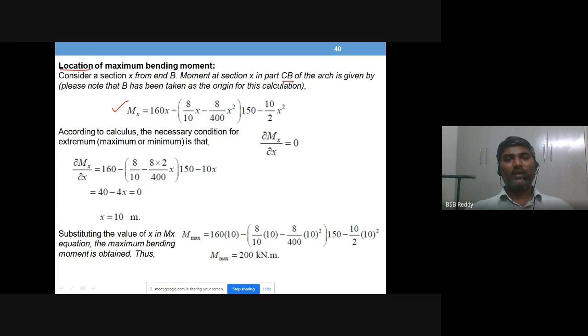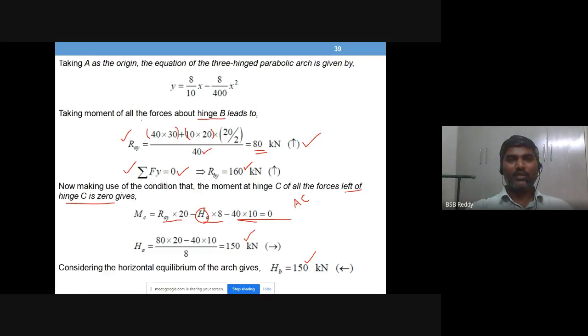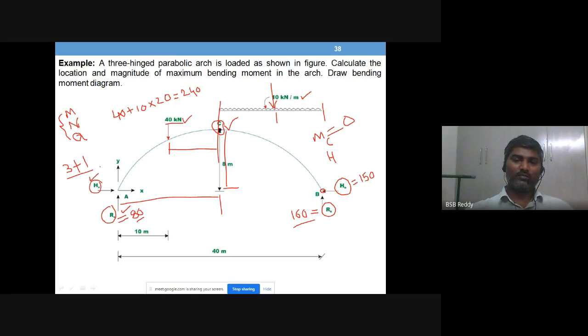Okay, right. What we do now, we take some section X in portion BC and we write the M_x equation. So let us see how do you write M_x equation. Okay, so let me clear all that is written, so that we get some clear space to write.